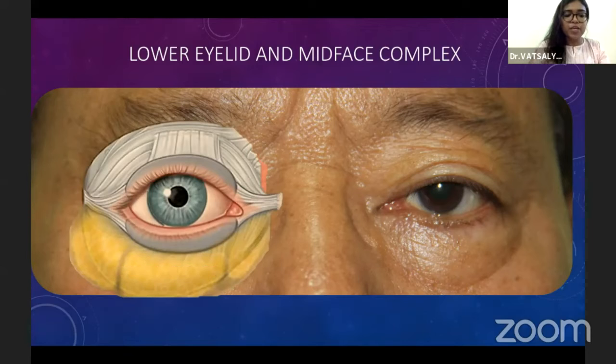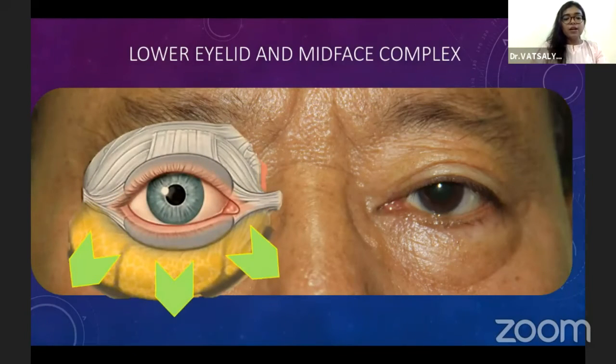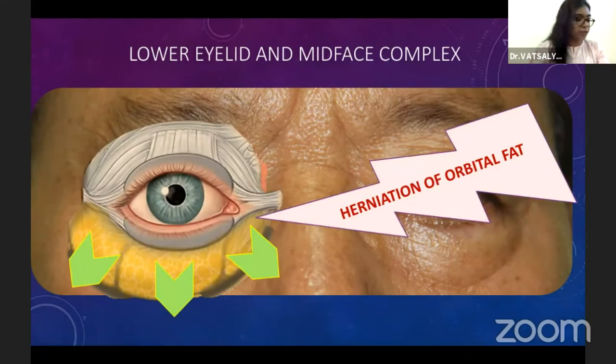Now with age, we can see that orbital fat herniation is noted. Orbital fat herniation may contribute to the aging face, along with orbital septal weakening, orbicularis atrophy, and supporting ligament laxity combined with orbital fat protrusion. Herein, examination in upper gaze may assist in identifying problematic fat compartments.